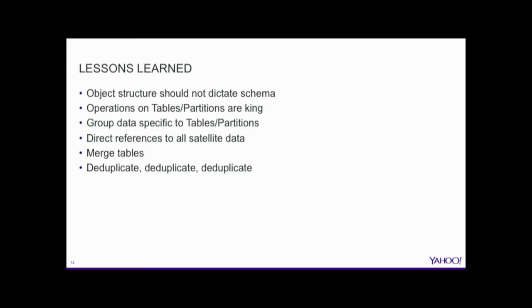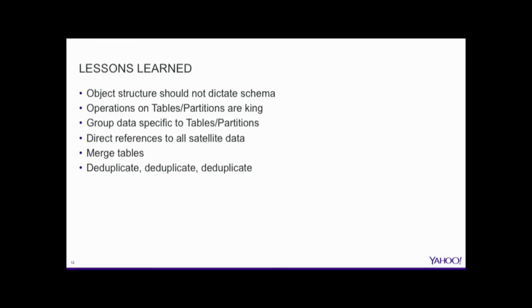Now, when we went and looked at the existing schema, what were the things that we took away? What did we learn from it? Possibly the most important thing that we learned was that the structure and the relationship of the in-memory objects should not be allowed to dictate the underlying schema that we use in the database.